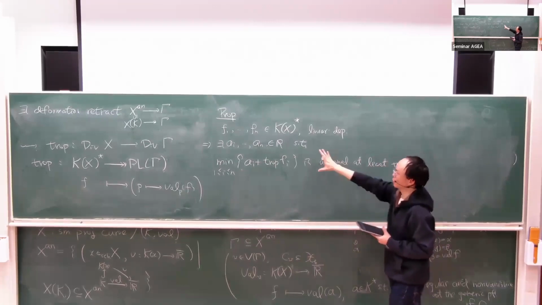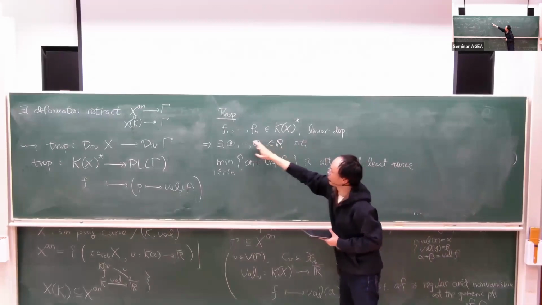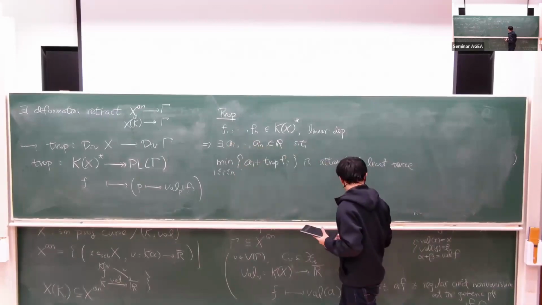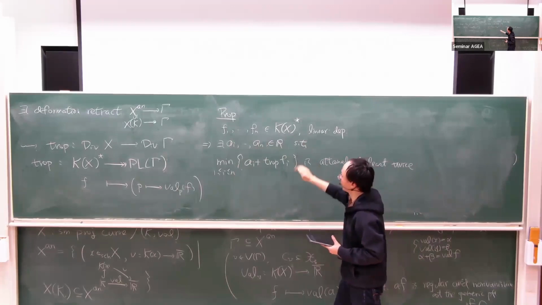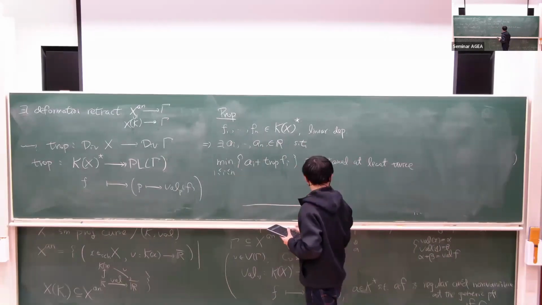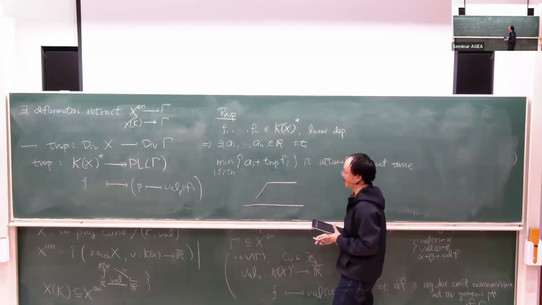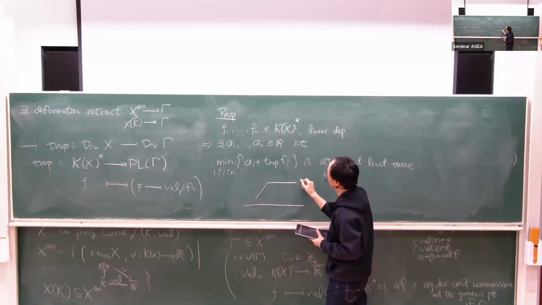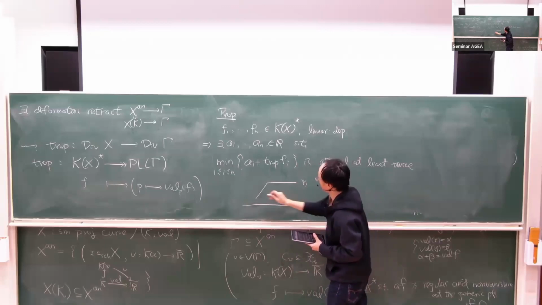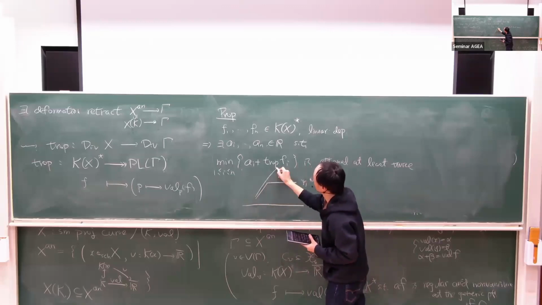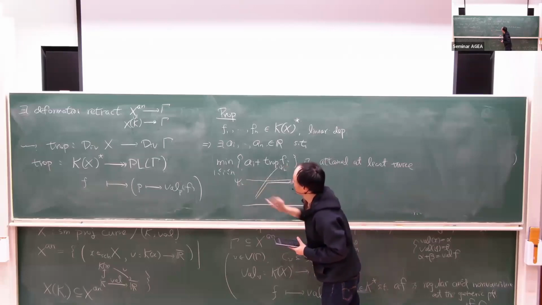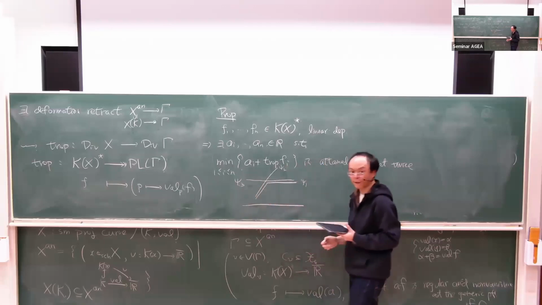So in other words, let me draw some picture about this part. Your set of piecewise linear functions is like this: for example, you have this piecewise linear function, this is the first one, and you have this one, and you also have these three functions.